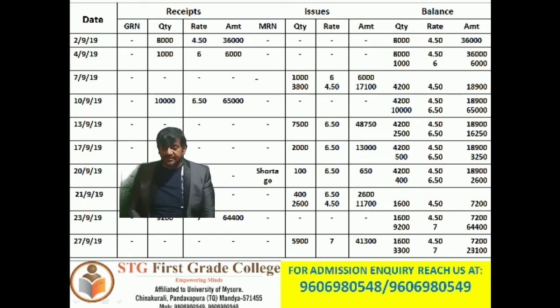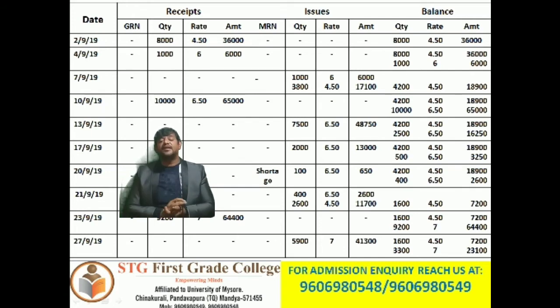On 13th September there is an issue of 7,500 units at rupees 6.50 per unit. If you multiply 7,500 into 6.50, 48,750 is the amount.